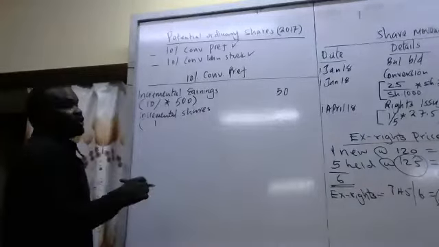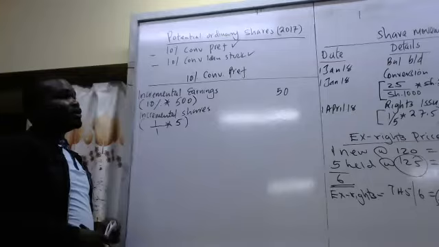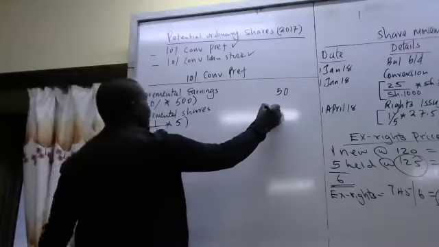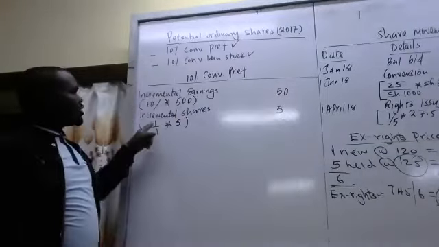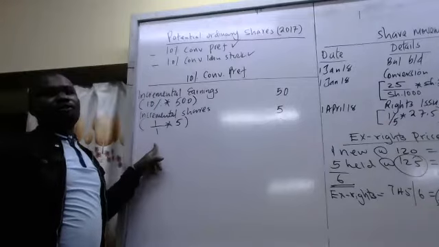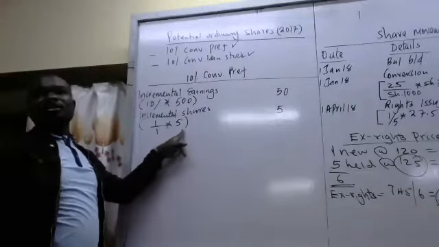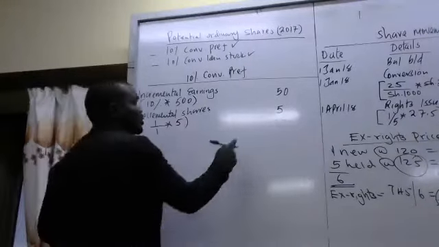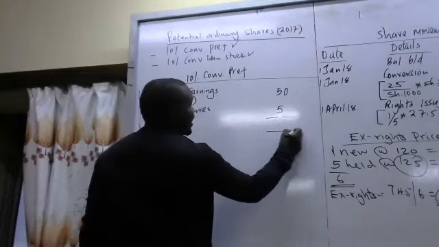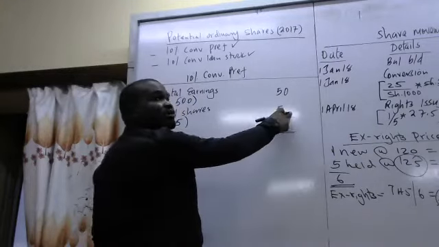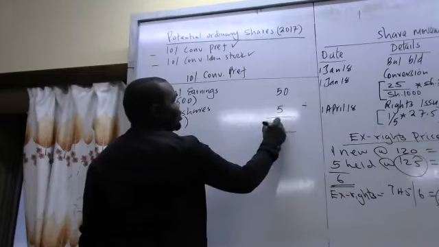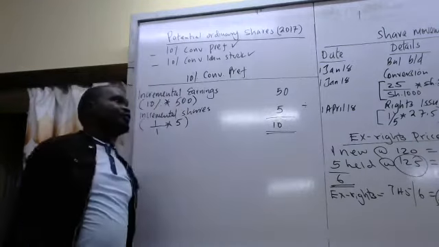Upon conversion, the holder will get how many ordinary? 5, because you get one ordinary for every one preference. To get the earnings per incremental share, take 50 divided by 5. That gives you 10.